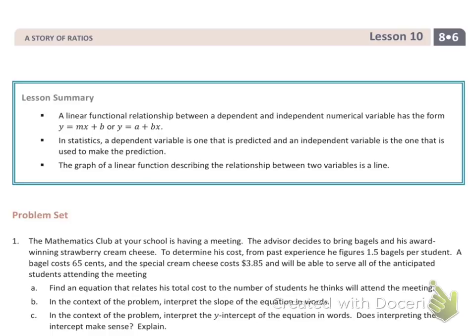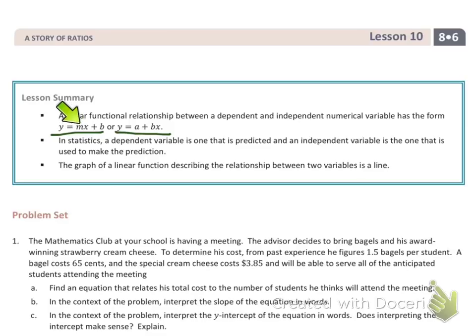So a linear functional relationship between a dependent and independent numerical variable, so we've got two variables, has the form y equals mx plus b, which is what we've been using, or y equals a plus bx, which we saw an example of writing it that way. But remember, if I'm going to write it this way, the slope is always the coefficient of the independent variable.